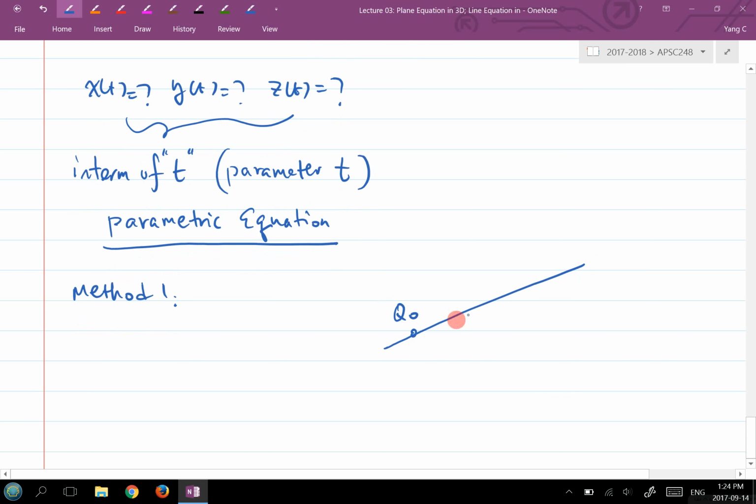So let's say I have a straight line that goes through this Q0 and Q1. If I rephrase the question, let's say, can we find the line equation given two points the line goes through?